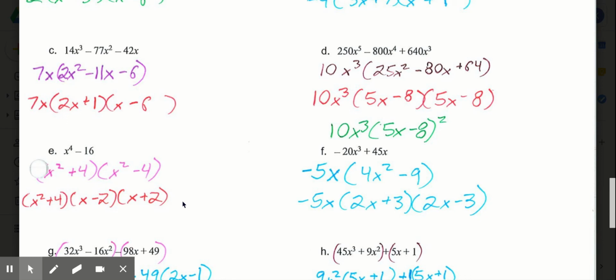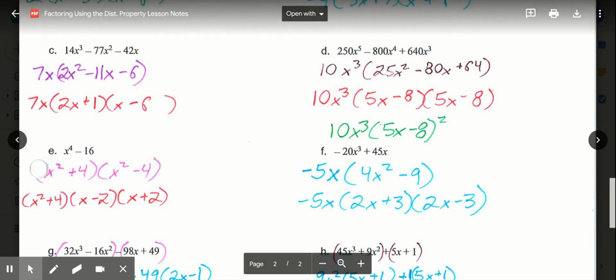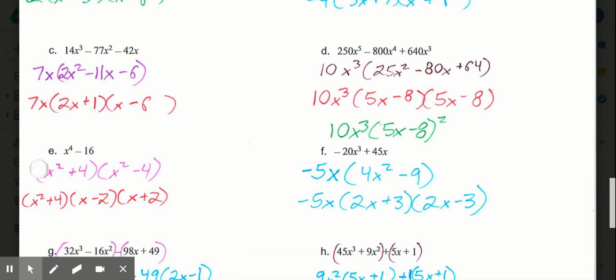In F, we can first factor out the 5x, and we can make it a negative to make the inside first term into a positive. So I'm going to divide everything by this negative 5x. So that would leave me with negative 5x coming to the outside, 4x squared minus 9.